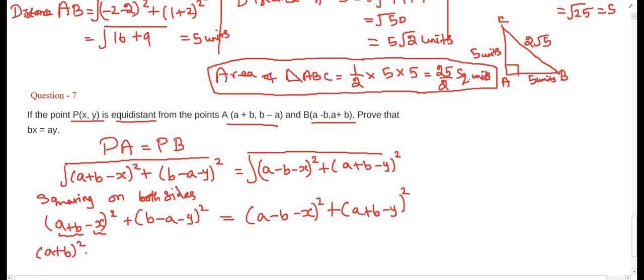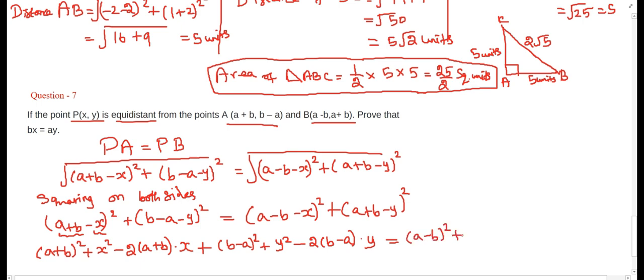So a square plus x square, minus 2 times (a plus b) into x, plus here (b minus a) whole square plus y square minus 2 into (b minus a) into y, which is equal to (a minus b) whole square plus x square minus 2 into (a minus b) into x plus (a plus b) whole square plus y square minus 2 times (a plus b) into y.